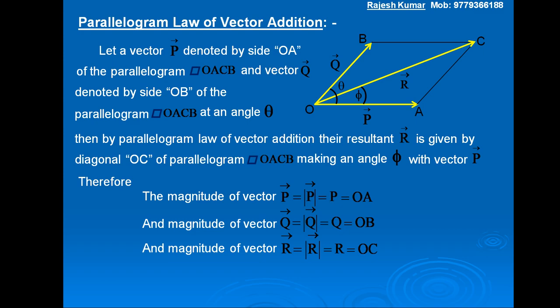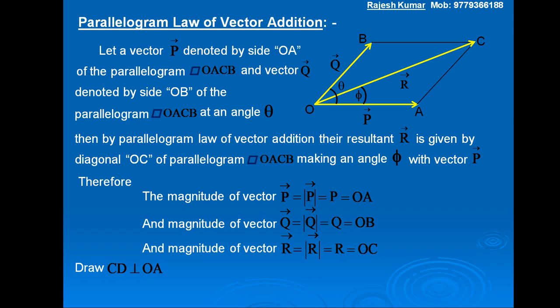It means we are given OA, OB and theta. We have to find OC and phi. Phi is for the direction of resultant vector.